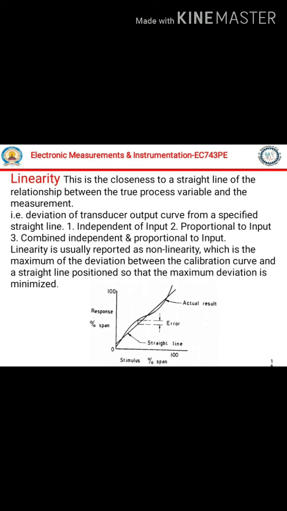The deviation from linearity is also very important as far as the performance of the instrument is concerned. The curve is slightly deviated from the straight line, and how much it is deviated is the deviation from the path of linearity.